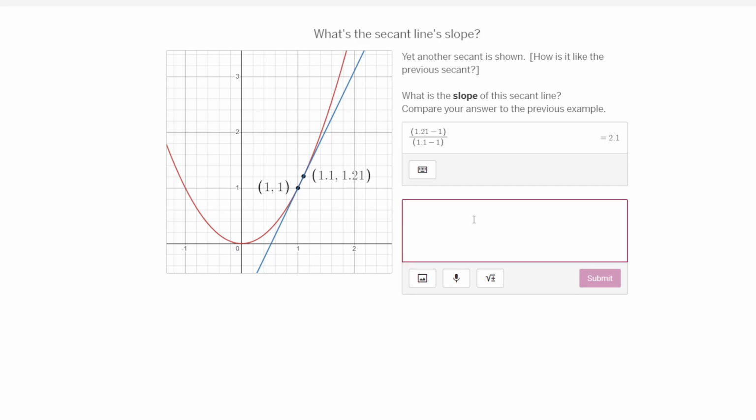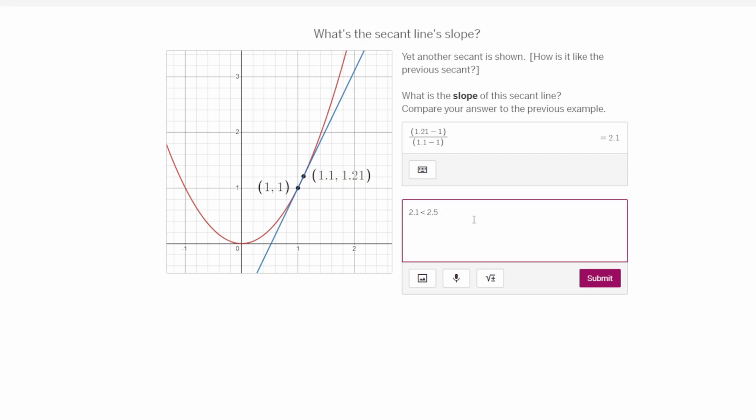Let's go ahead and compare them. What does it mean to compare? Well, let's see which one is bigger. So 2.1 is certainly smaller than 2.5. That is our comparison. So it looks like as we moved the right point closer to (1, 1), the slope of the secant line got closer to 2. That's our educated guess. So that is your comparison here.